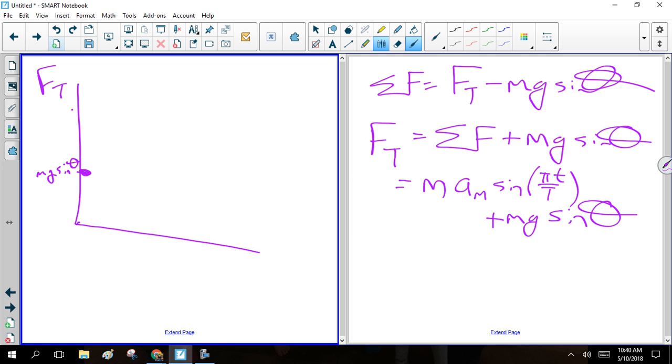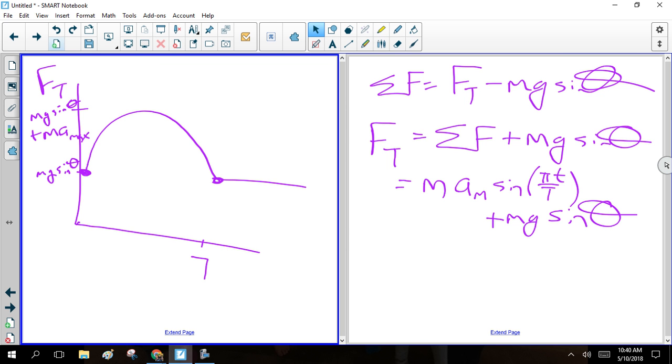And then it's going to go up to mg sine theta plus m a max. At time t, we know our acceleration is back to 0. So there's your graph. Follow? Everybody good?